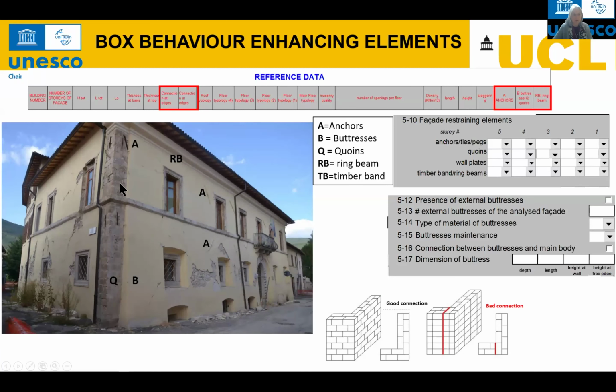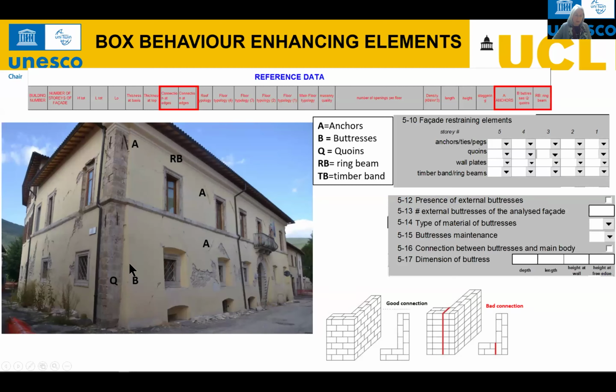Then we can see what we call the quoins, reinforced, very carefully hewn stones that ensure a good connection between the orthogonal walls, as opposed to a continuous break in between them.